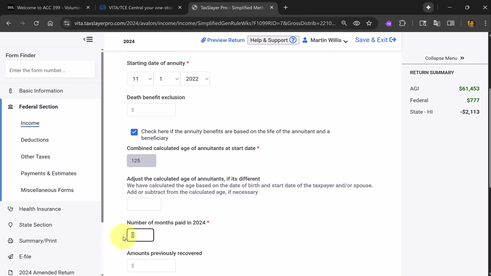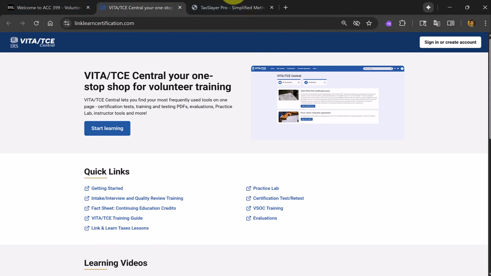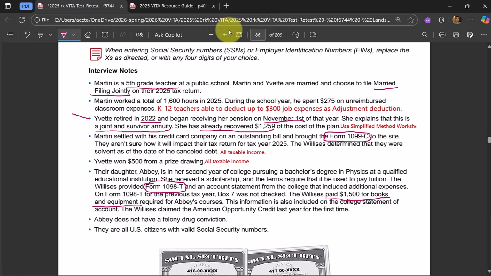And a month she got paid, every month she's getting a payment, so that's 12 months for the year. And how much she's received tax free in previous years. Again, this would be automatically filled in for us if we had done the tax return in our software. But here we've gotten this number. And how would they get this number here?